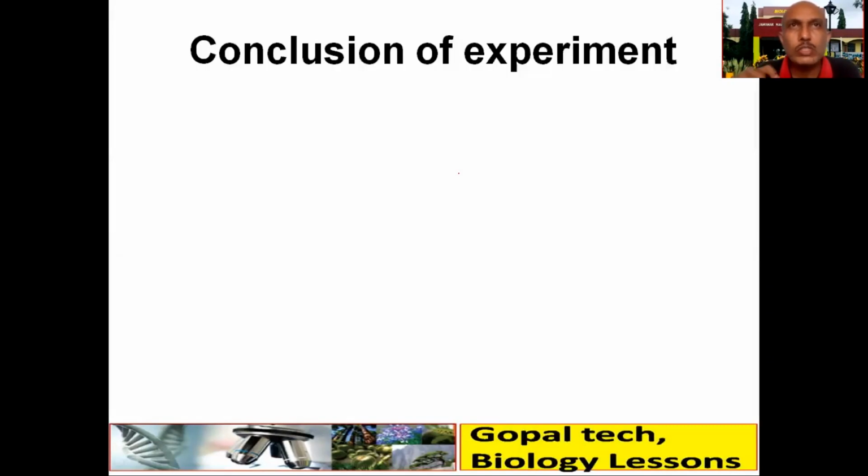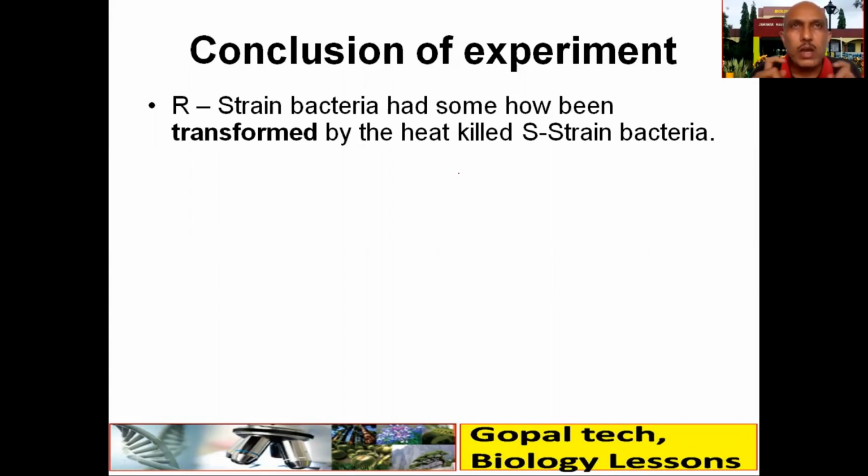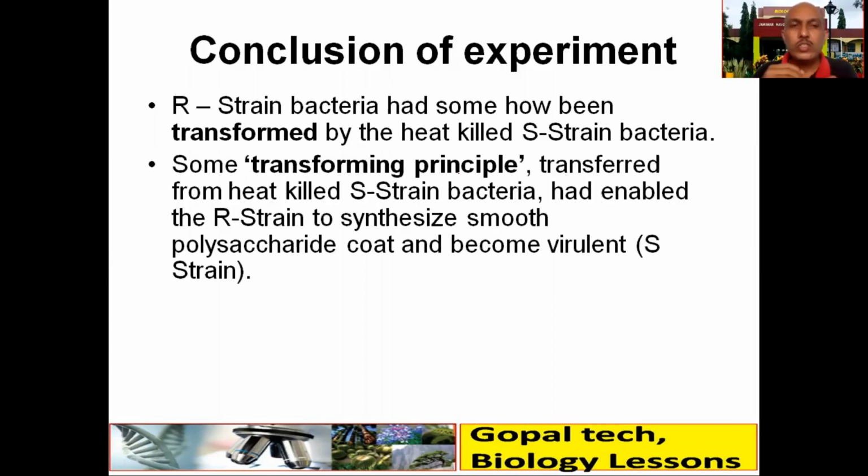Now, what is the conclusion of this experiment? R strain bacteria had somehow been transformed by the heat killed S strain bacteria. Okay, somehow, he doesn't know how it is. So some transforming principle transferred from the heat killed S strain bacteria had enabled the R strain bacteria to synthesize the smooth polysaccharide coat.